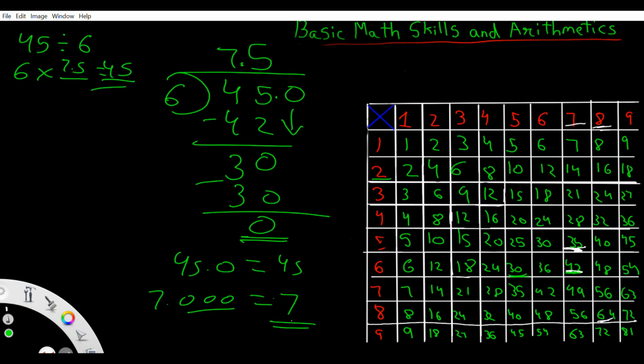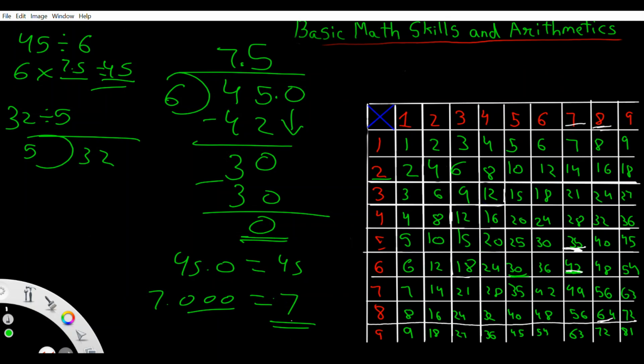Let's look at one more example. For example, if you want to divide 32 by 5, how would we do it? We write it like this, and the closest multiple of 5 to 32 is 30.